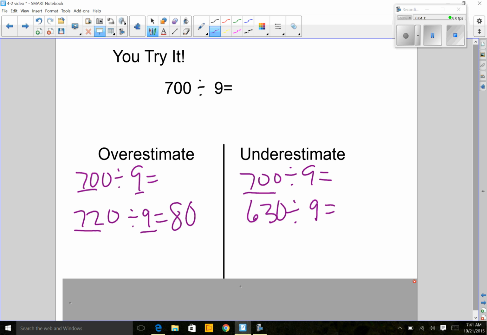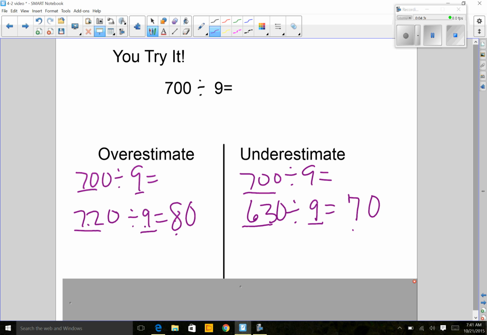So I'm going to change it to 630. 630 divided by 9 is 70. Notice how this is 8 and this is 7, because 8 times 9 is 72 and 7 times 9 is 63. So that's my underestimate and that's my overestimate, because I rounded down to 630 and up to 720.